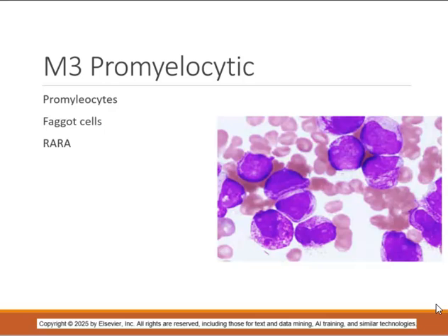Usually they have the retinoic acid receptor alpha antigen that's positive. They call it RARA. Believe it or not, the treatment for this is fantastic. If it's caught early enough, you can have almost 100% remission. Amazing. But one of the bad side effects of promyelocytic leukemia is DIC. In other words, clotting. So if it's not caught early, the patient's not going to live. Very crucial to pick up.